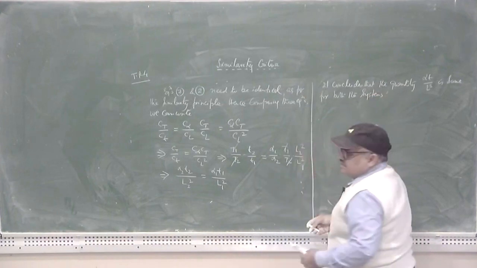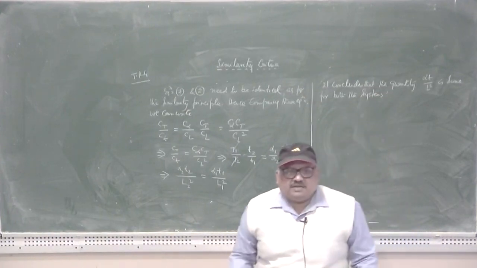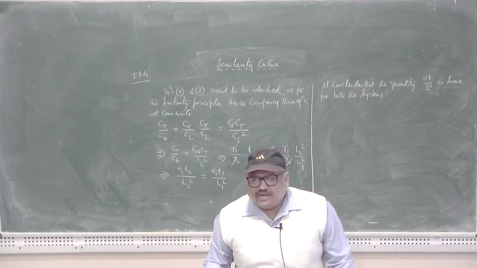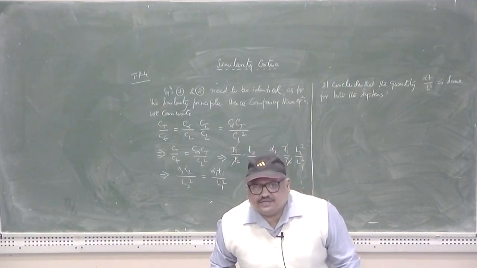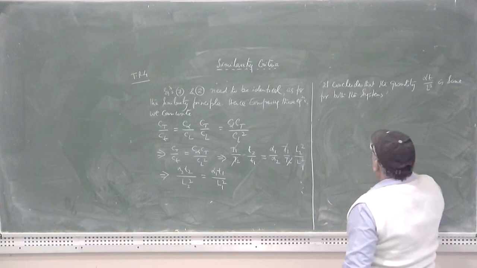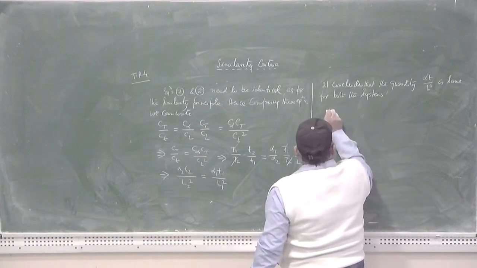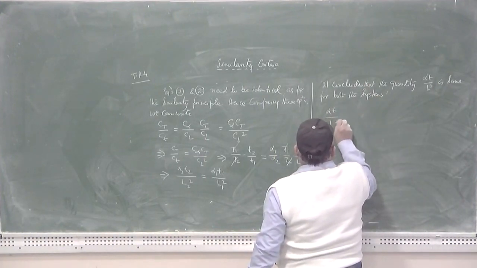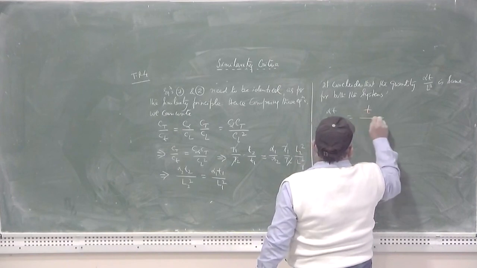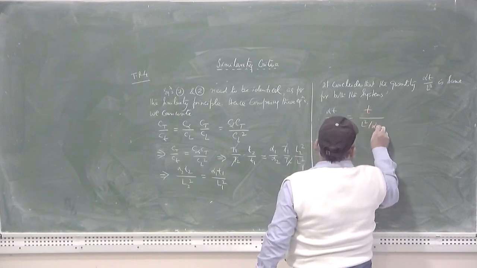The question is, what is this quantity alpha t by L squared? How are we regarding this as a dimensionless quantity? See, now alpha t by L squared can be written as t upon L squared by alpha.